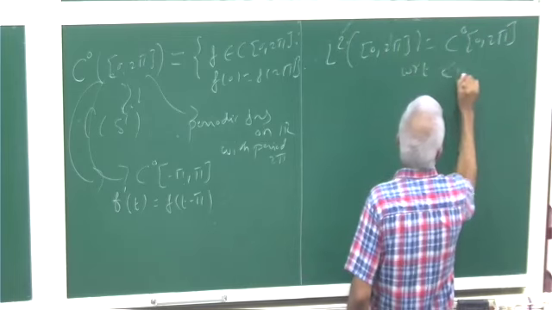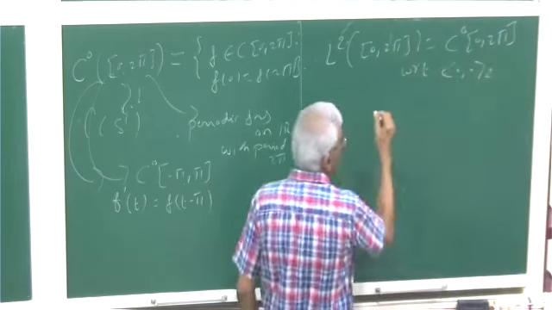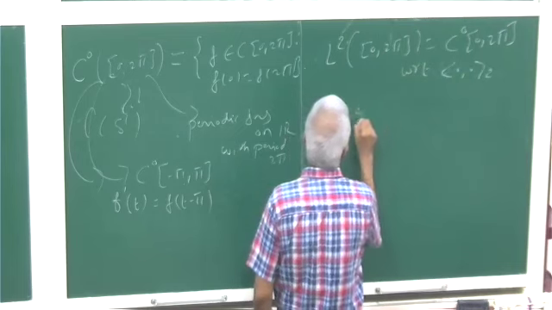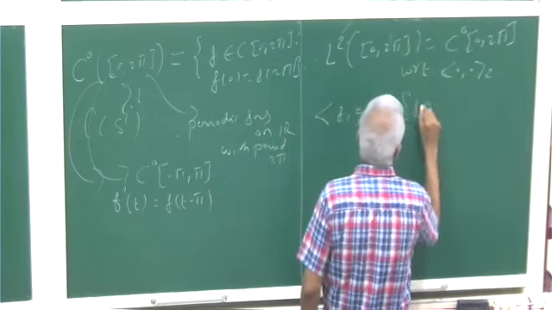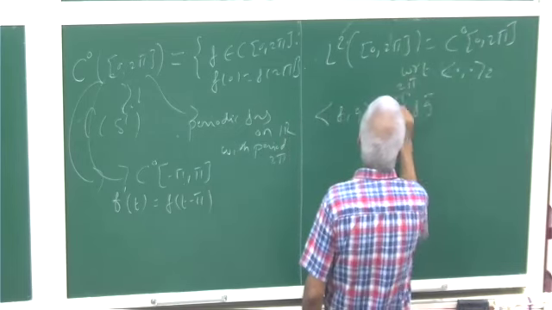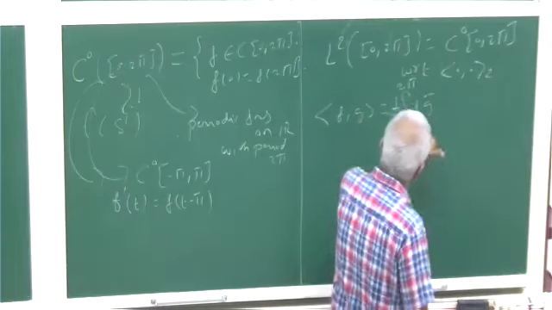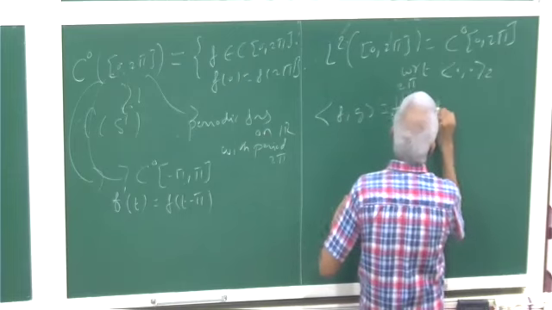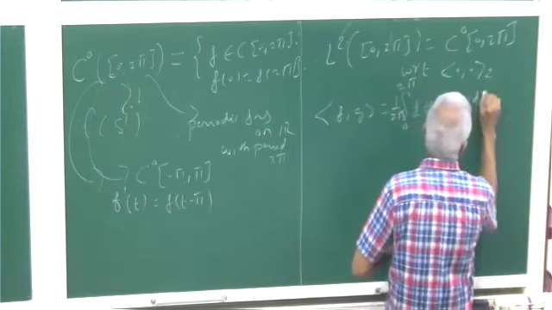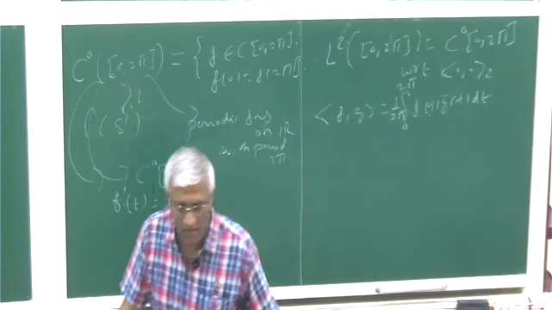The inner product gives the norm, and it is that norm we take. But it's better to define the inner product: f, g bar, 1 by 2 pi integral from 0 to 2 pi of f of t, g of t bar. These are all complex valued functions, and you integrate with respect to t.